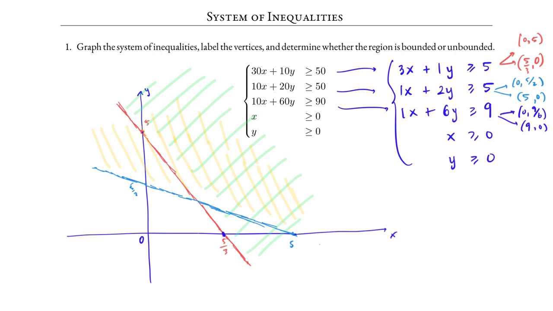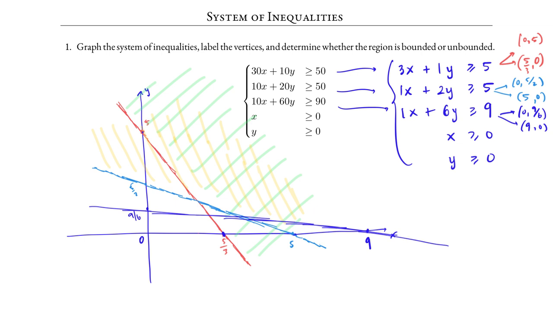We're going to go a little bit further here because the point 9, 0 is way out here, not drawn to scale. The y-intercept is x equals 0, y equals 9 over 6, or 1.5. So 1.5 is somewhere here. That is 9 over 6, or 3 over 2. We then draw the line that goes through these 2 points. Again, please use a ruler.